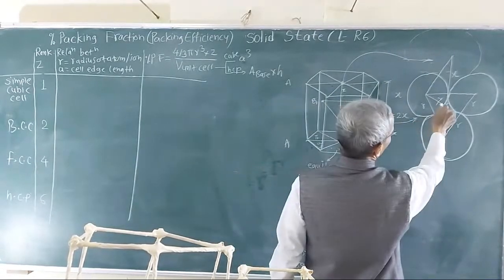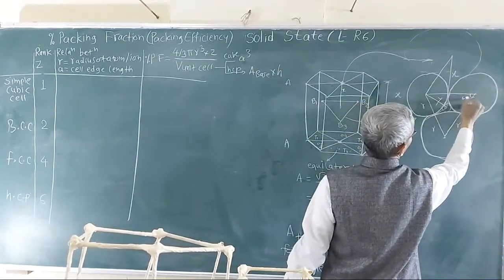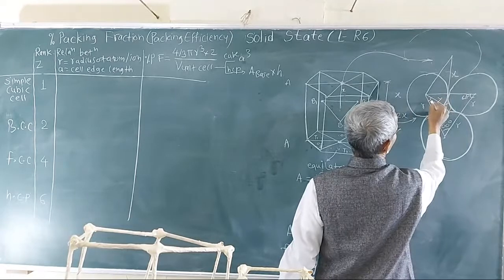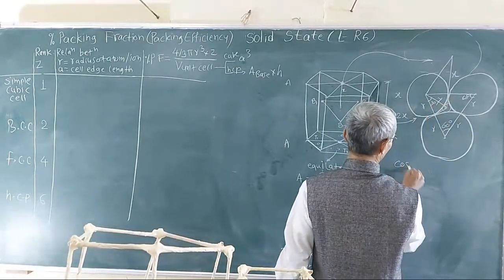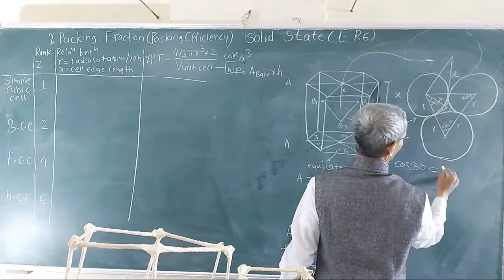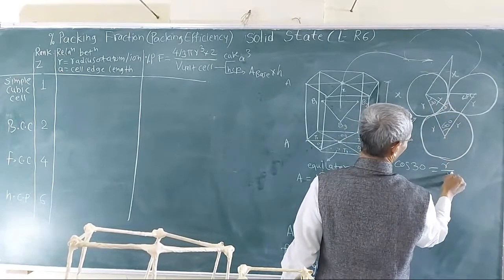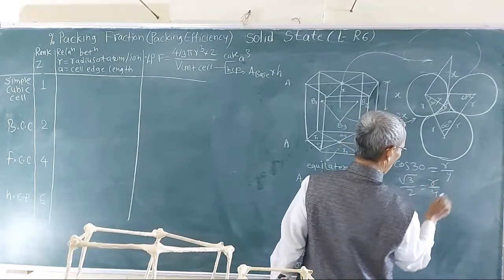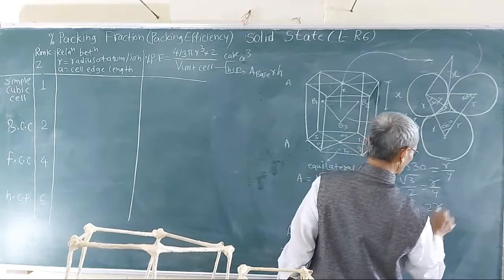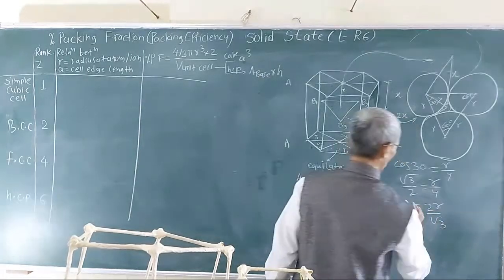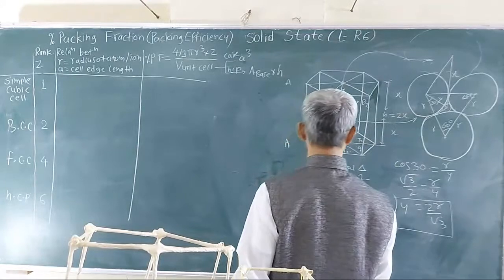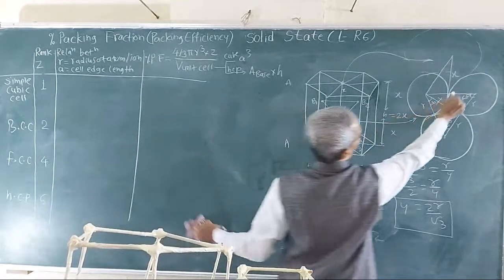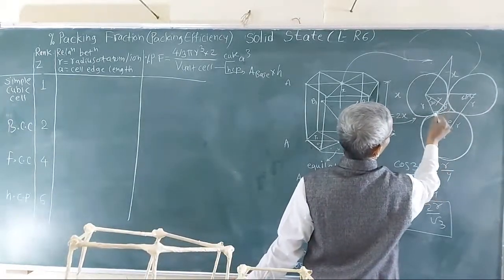Here these are 60 degrees, and this is 30 degrees. So cos 30 is equal to r upon y, or square root 3 upon 2 is equal to r upon y, or y is equal to 2r upon square root 3. Now again consider this plane, this is also 90 degrees.